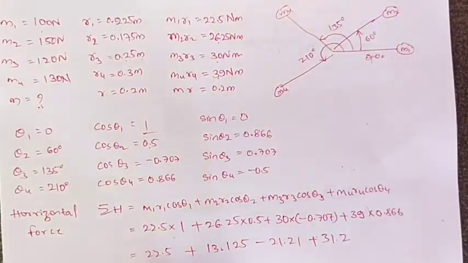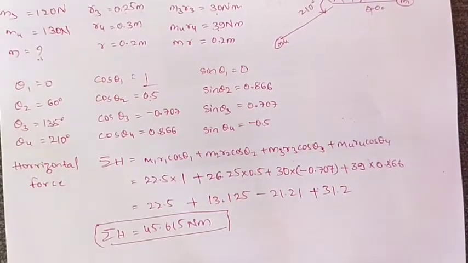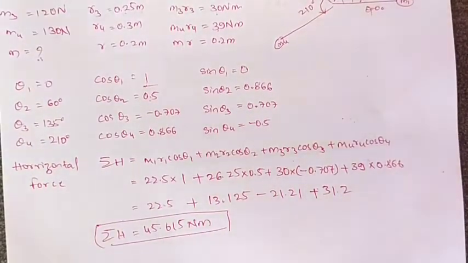When you add all these values, we will get delta H value as 45.615 Newton meter. So this is the horizontal component whatever you are getting when you add all these values. Similarly, you should find the vertical component or vertical forces.